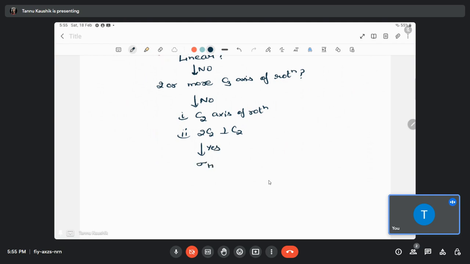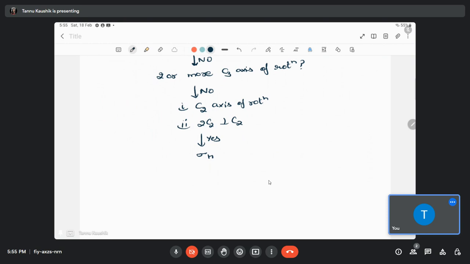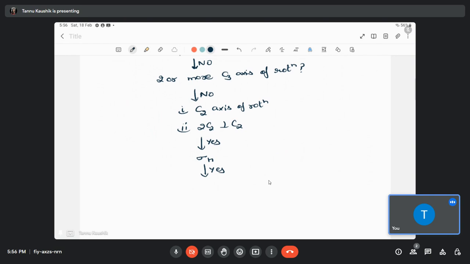So then we will check whether it has horizontal plane. So yes, it has horizontal plane. Sorry, so it doesn't have a horizontal plane.